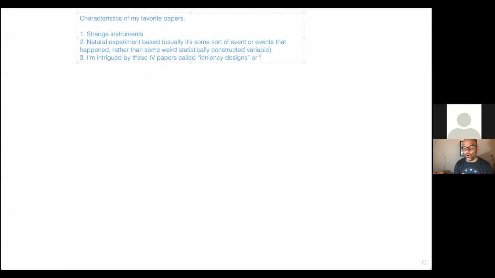So usually it's some sort of event or events that happened, rather than some weird statistically constructed variable. That's usually the kinds of things I like. Three, let's say that I'm intrigued by these IV papers called leniency designs or judge fixed effects. All right, I'm going to talk about those in just a minute.